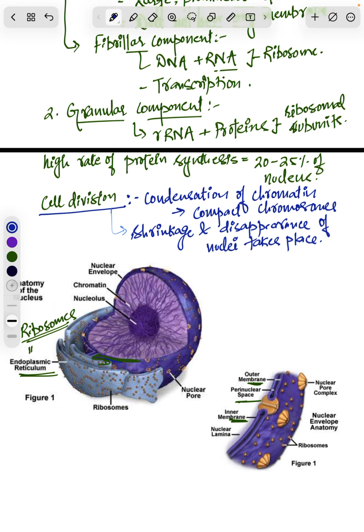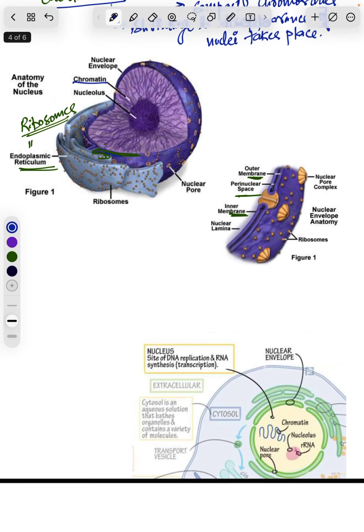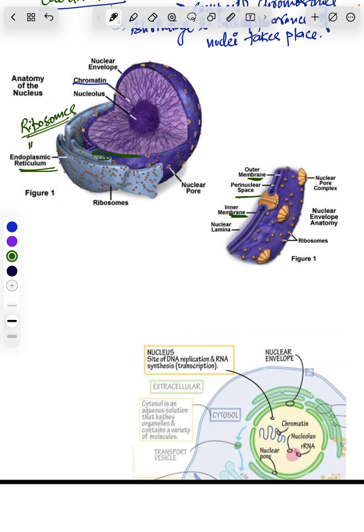Now we will see chromatin, which is the molecular structure of chromosomes. We will now learn about chromatin. By the word you can understand it is the chromosomal part, the hereditary part of the nucleus.